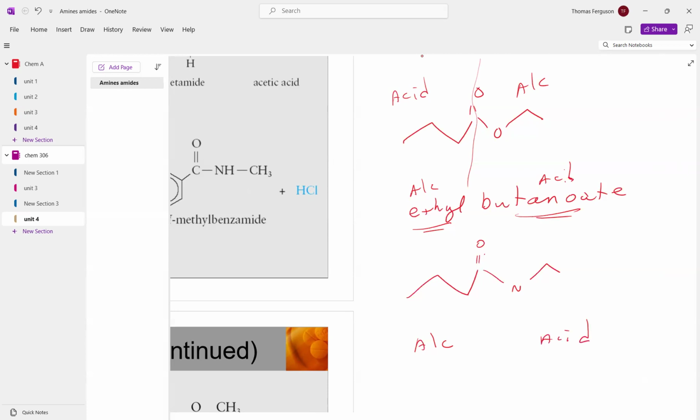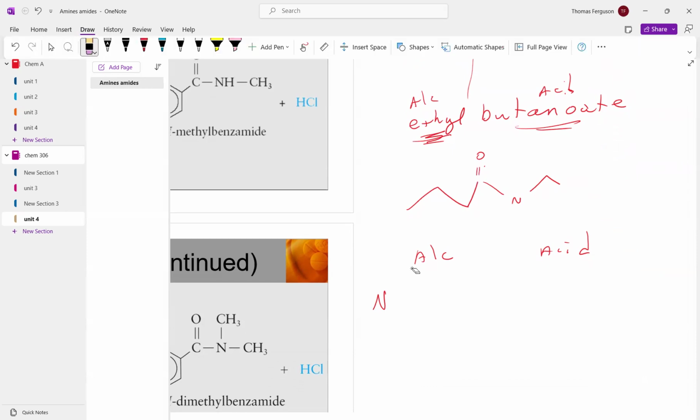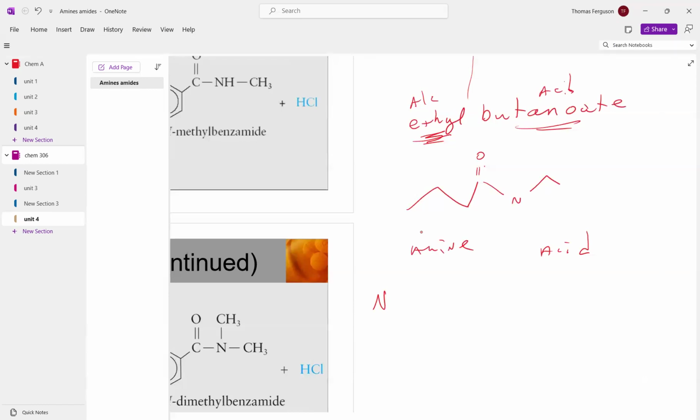So the acid part is 1, 2, 3, 4. But the amine, though, has got a branch off of the nitrogen. So we have to go N, just like we specified the alcohol part in the beginning. Oh, it's not alcohol, it's the amine. So like we did the alcohol at first, we're going to do the amine first. Okay, it's a nitrogen branch. So we have to specify N-ethyl.